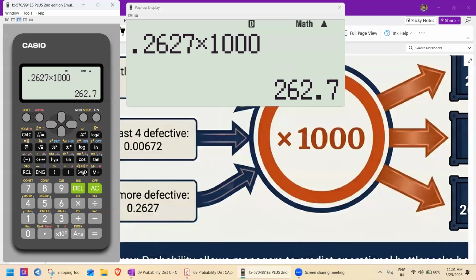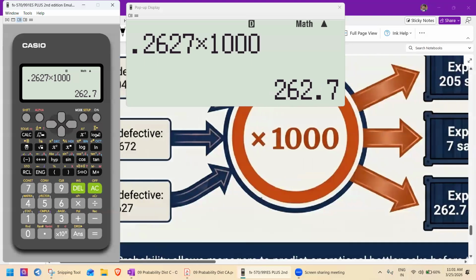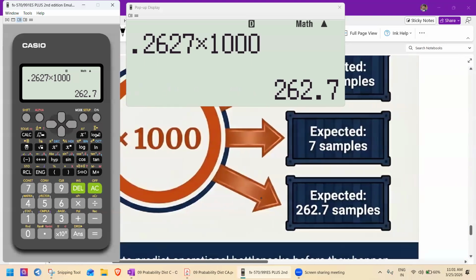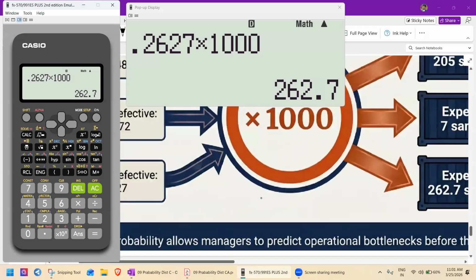So the technician should expect to have 263 samples.